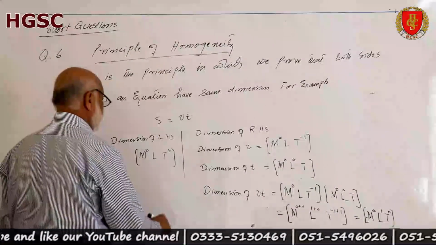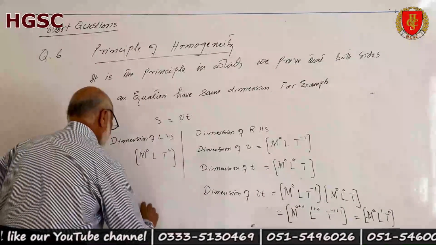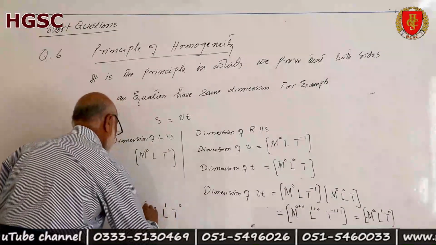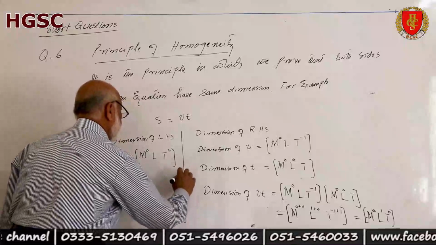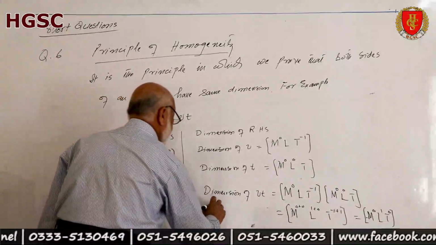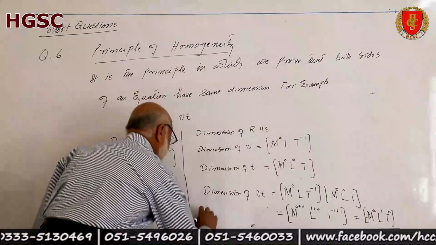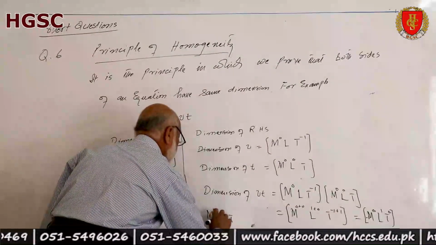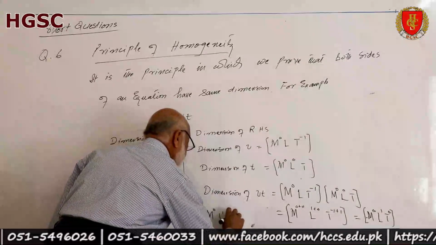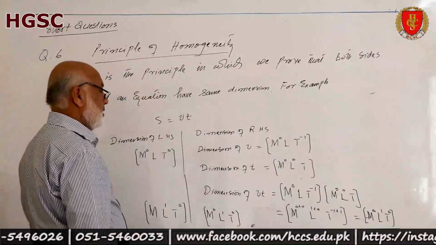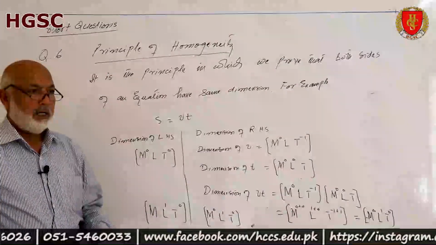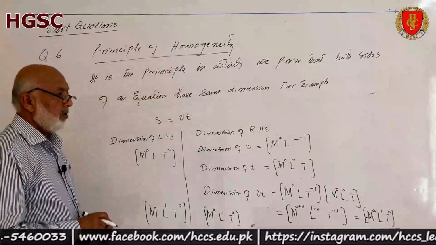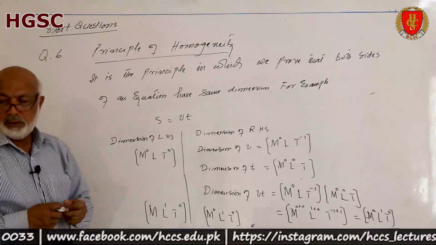Now the dimension of the left hand side and right hand side are the same. It means this equation is dimensionally correct, and this is what we call principle of homogeneity.